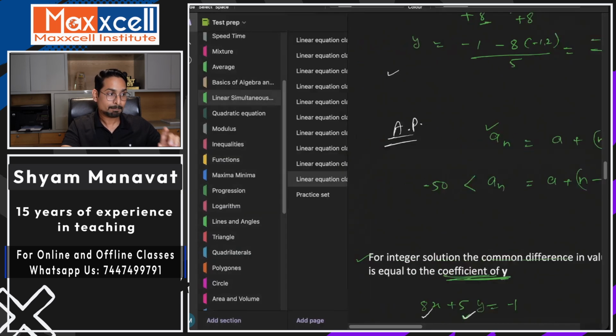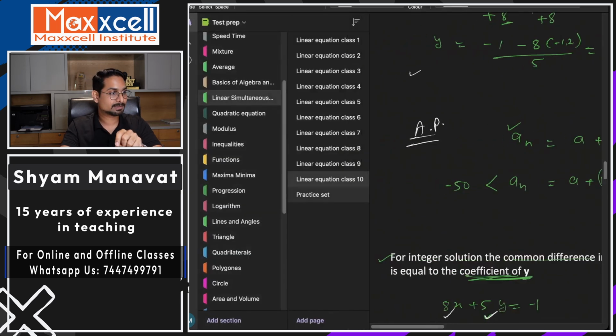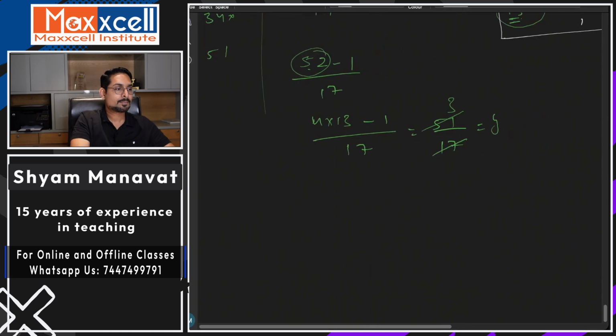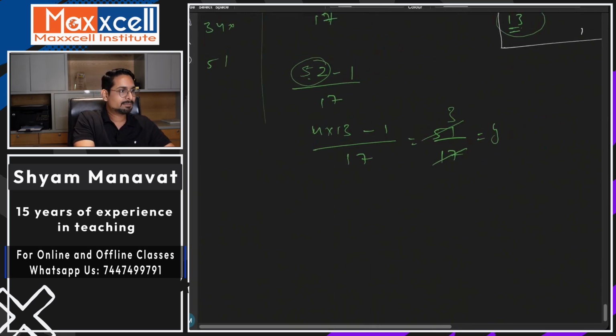Please go through question number 2, you will understand it's quite similar here. So before that, we will understand here the value of x and value of y. The smallest value here satisfying this equation for x is 13, and accordingly I am getting the value of y as 3.